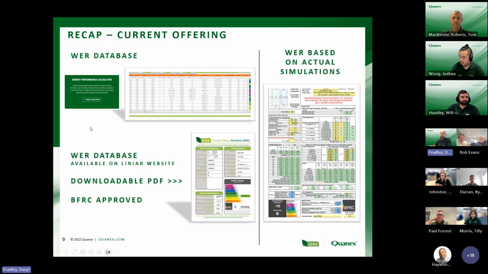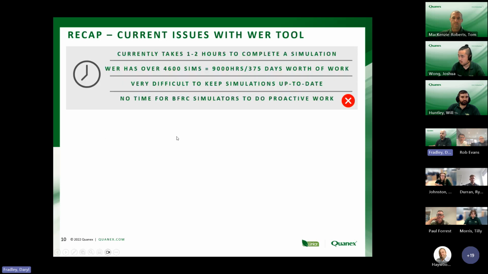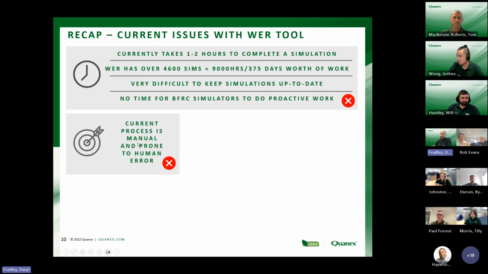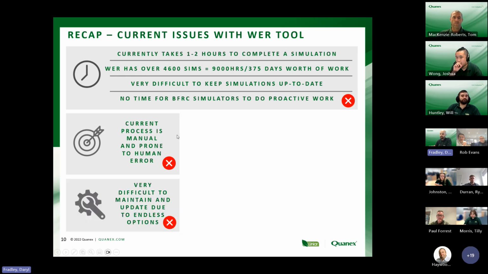So the current downfalls with that method is time. It currently takes us around 1 to 2 hours to complete one simulation. So you can imagine with the amount of simulations we've done, we've got over a year's worth of work. So it's very difficult for us to keep up simulations up to date, and we have no time for BFRC simulators to do proactive work. Accuracy, so it's a very manual process and it's prone to human error.